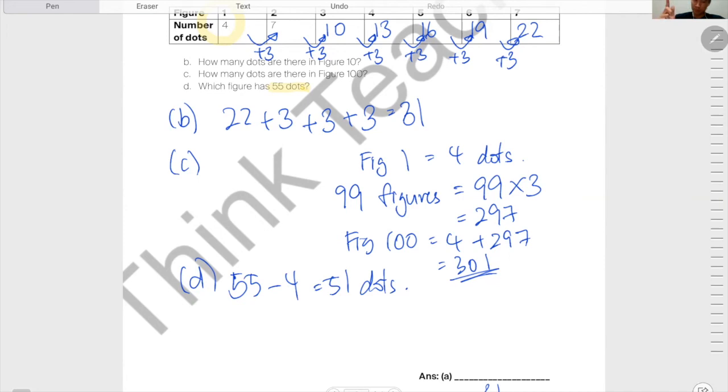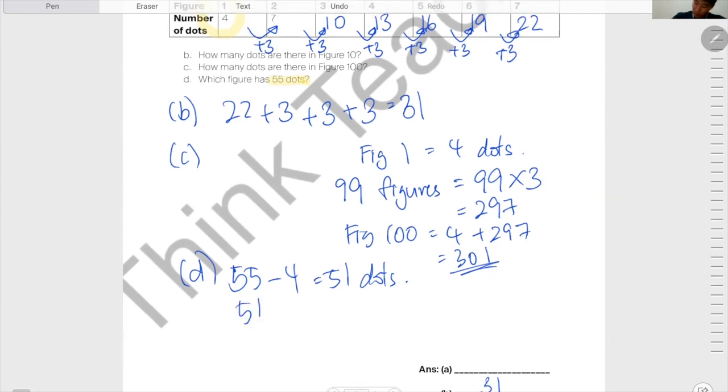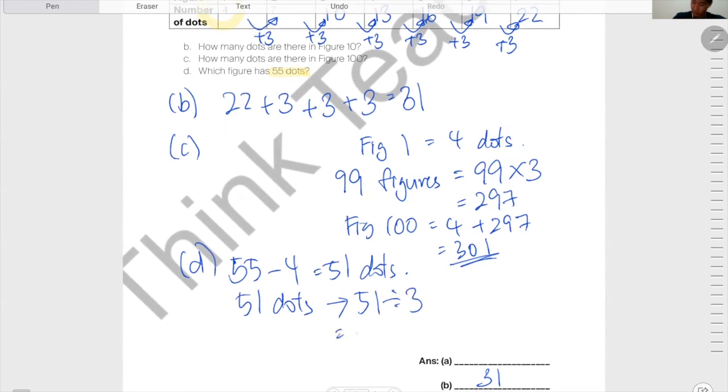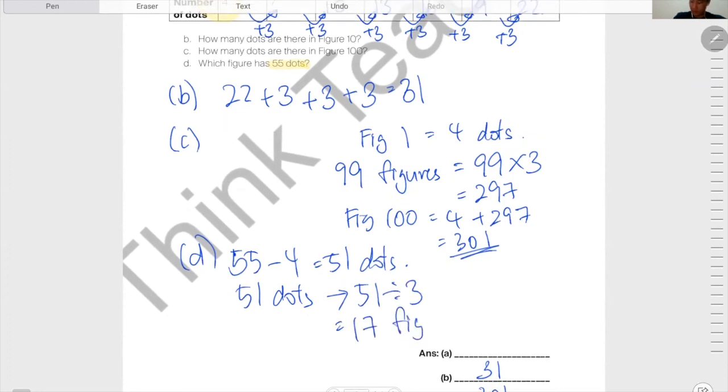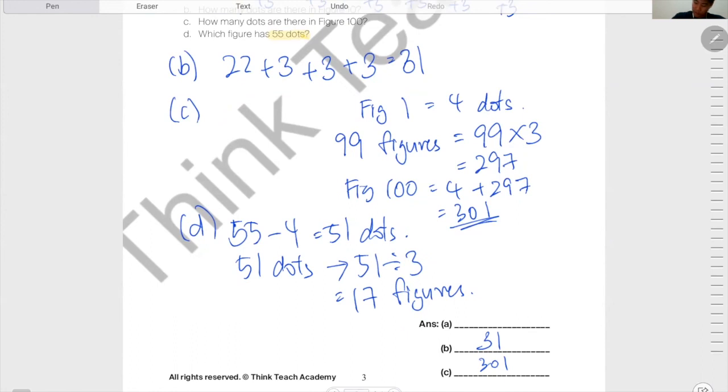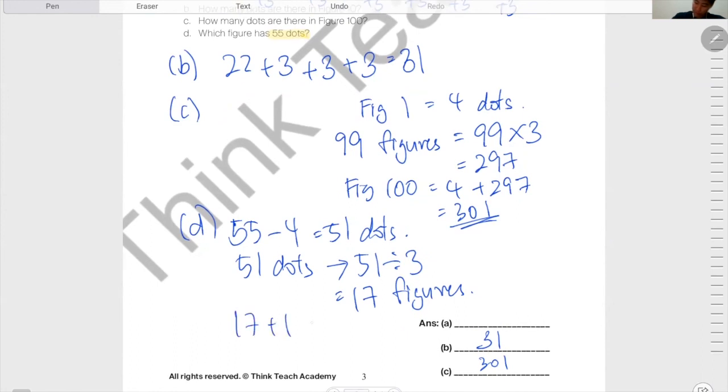And remember, every one figure adds 3 dots. So if I have 51 dots, you have 51 divided by 3, which is 17 figures in between. So all you have to do is take 17 plus 1, you get figure 18. That's your answer for D.